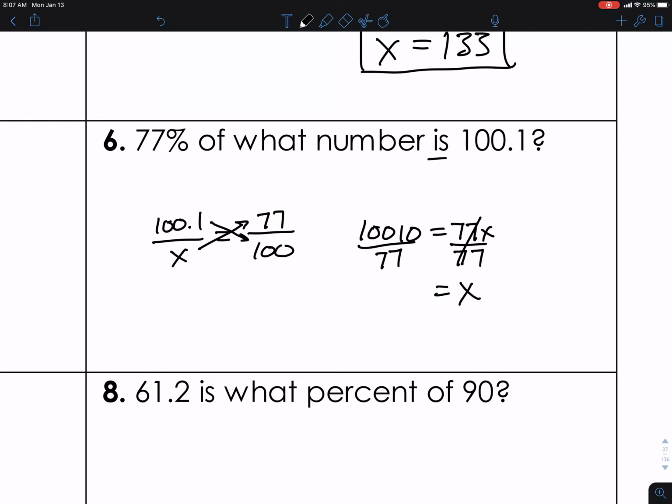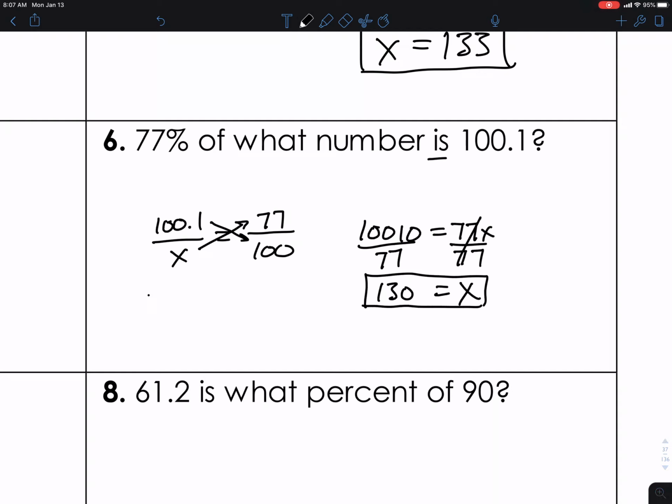So x equals 130. Odd that came out, but that's how you figure it out. So 100.1 is 77% of 130, because 130 was 100%. That's really what they're saying right here.